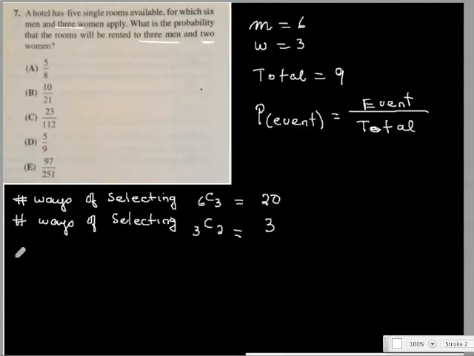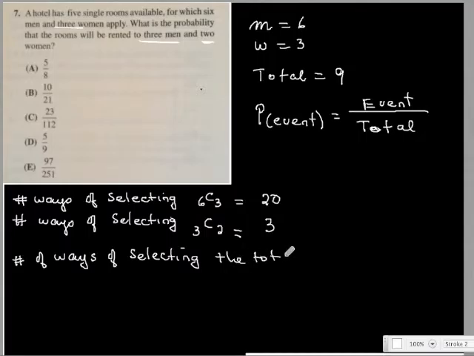And the total number of ways of selecting, the total sample space, or the total sample, is how many ways I can assign 5 rooms to 9 people.